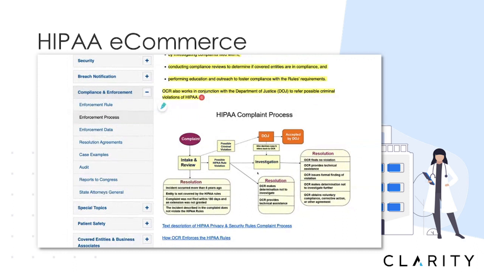Anyway, if it does go into investigation, then there are a lot of options here for how they sort of output from that. And one of the biggest things is they can obtain voluntary compliance, corrective action. They can charge penalties. And some of the penalties are nuts. I mean, the per incident, per patient breach cost, for example, or violation that can occur technically can be dramatic.